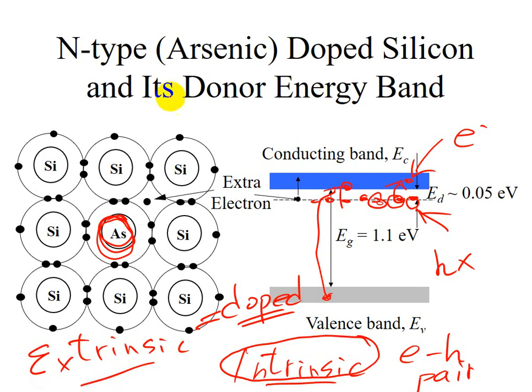And because you introduce a group 5 element, you get one extra electron. So eventually the concentration you introduced into the silicon contributes the primary conductivity here, by way of the charge carrier of electron, the charge carrier with negative charge.